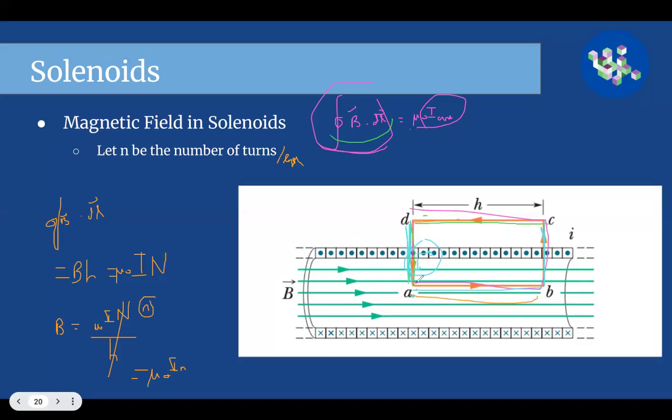I first need to do an integral to find the magnetic field due to each current loop, and I then have to integrate that to find the total magnetic field. Imagine how complicated that can be. And just using Ampere's law simplifies it by so much. So you can start seeing how Ampere's law starts getting really useful when you're solving these problems.